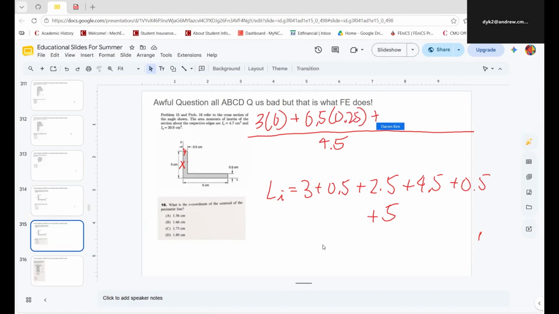Plus, where's 2.5? 2.5 is this one, which is 2.5 multiplied by 0.5. Plus, what is next? 4.5 multiplied by wherever that location is, which is 4.5 divided by 2 plus 0.5.